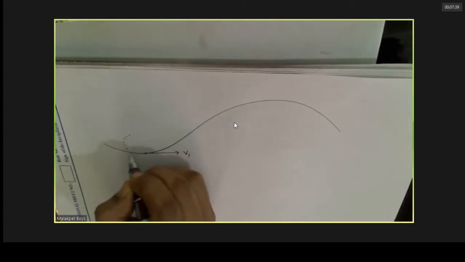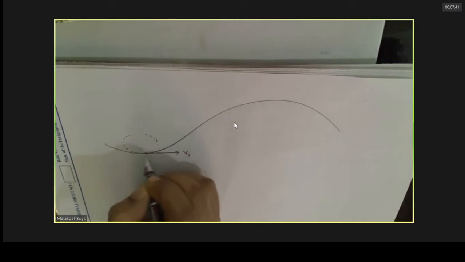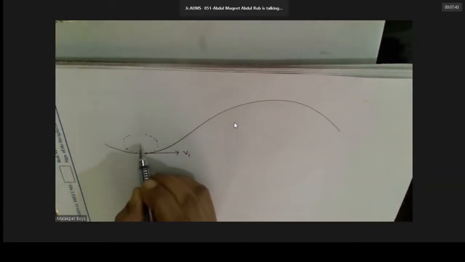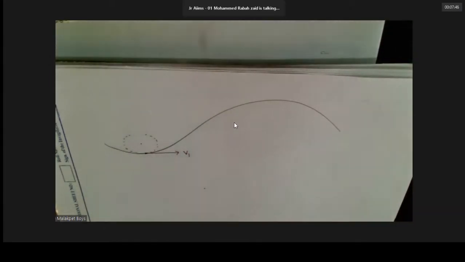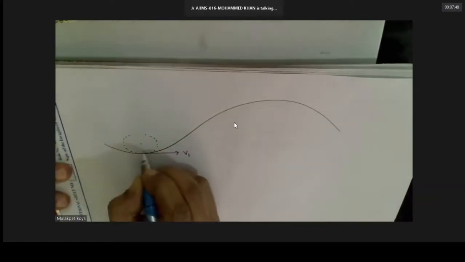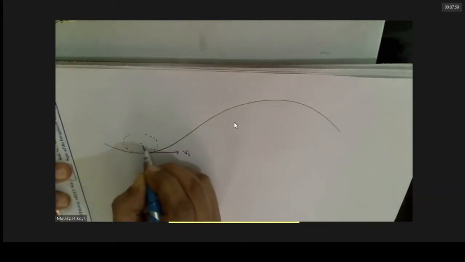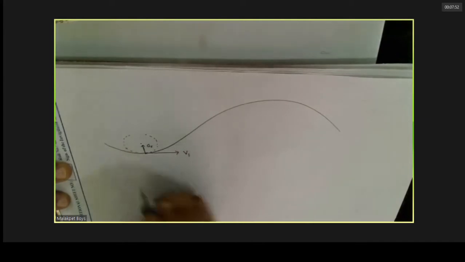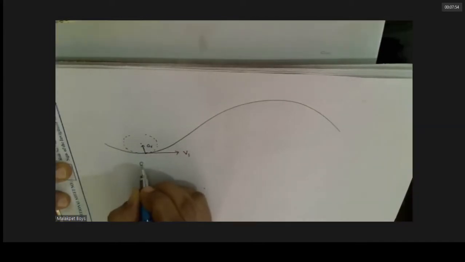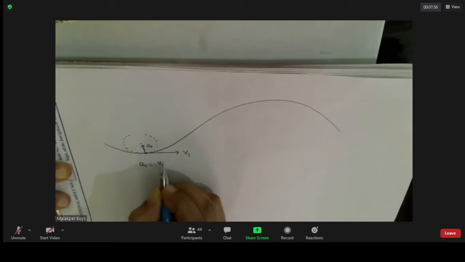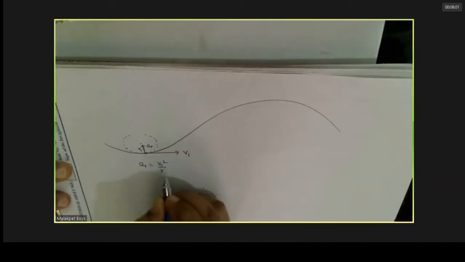The center will be in which side, man? Towards the direction of the circle, in the north. So this is the center, and this is AR. Omega is equal to V by R. This is what we call the radius of curvature.